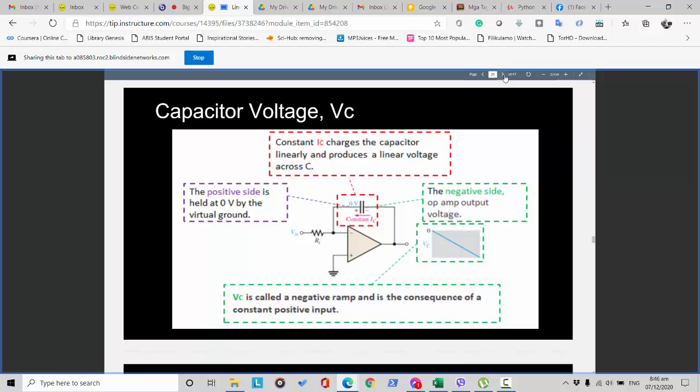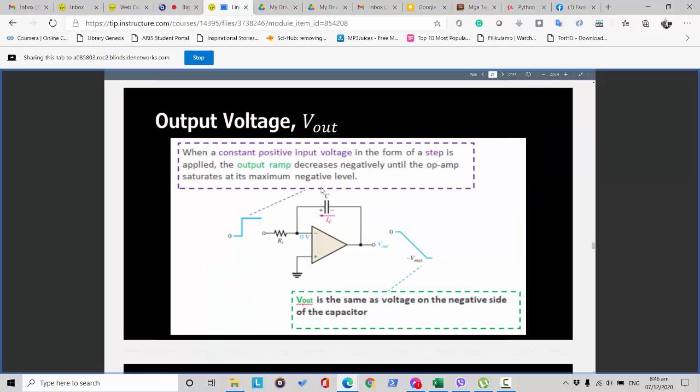Okay, now the output voltage, according to the explanation, when a constant positive input voltage in the form of a step is applied, the output ramp decreases negatively until the operational amplifier saturates at its maximum negative level. So therefore, the output voltage is the same as the voltage on the negative side of the capacitor.